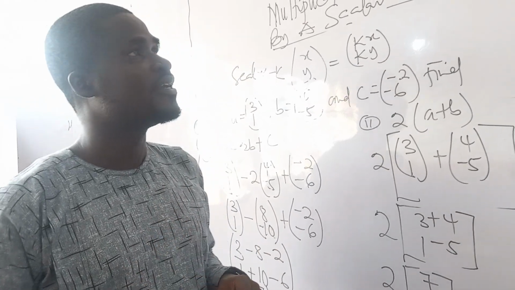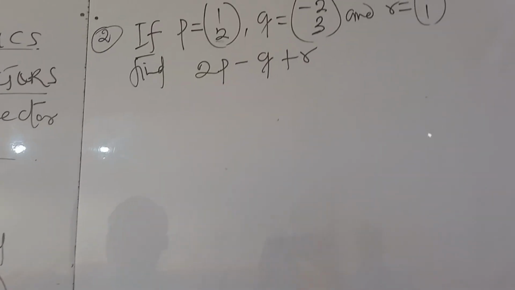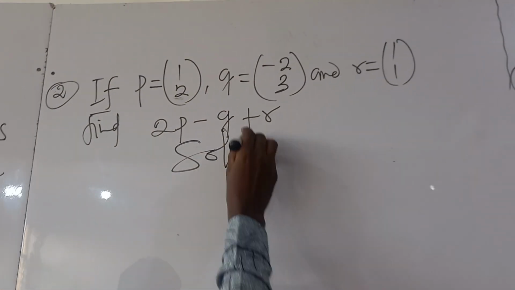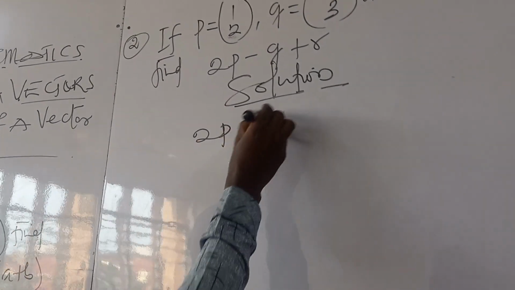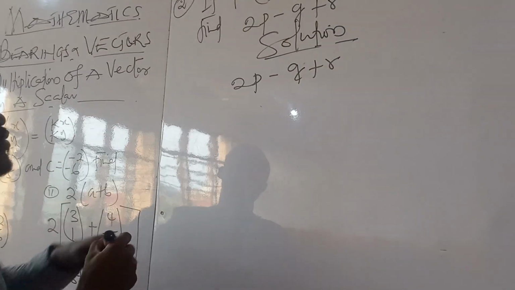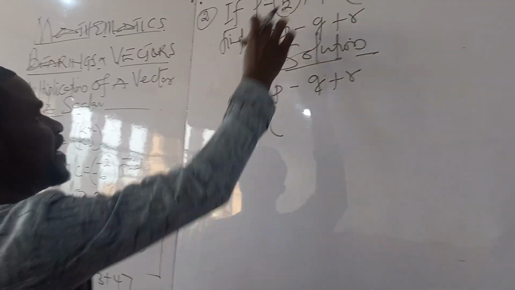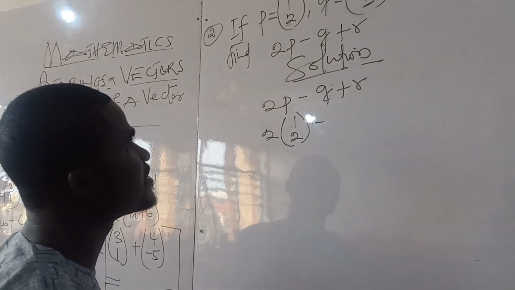Please. Now, let's take question 2. Solution. We have 2p minus q plus r. So, 2 into brackets, p is (1, 2), minus q.